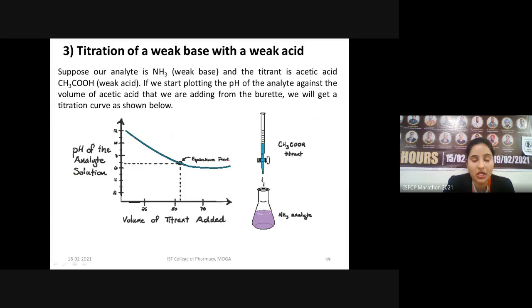Hence the titration of weak base and weak acid are not studied, because the point of equivalence is not sharp, and hence the titration of weak acid with a weak base is not performed.